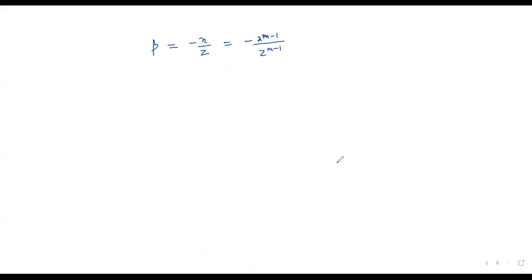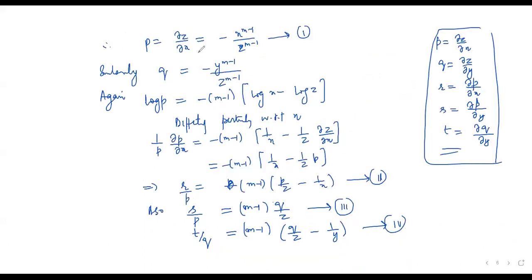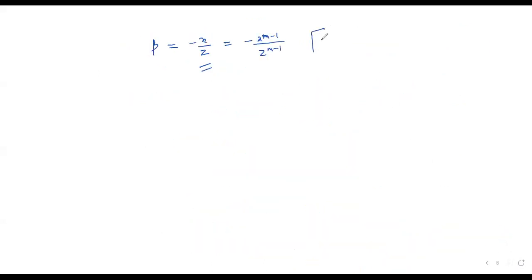But p itself we had found earlier in another form. So that would give us x raised to power m minus 2 is equal to z raised to power m minus 2.